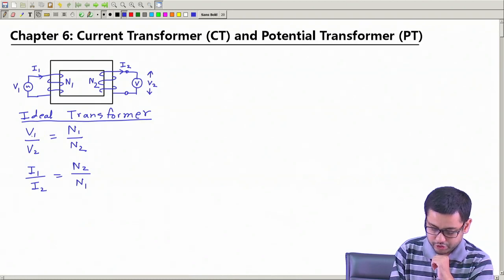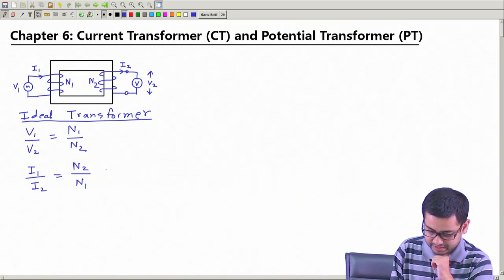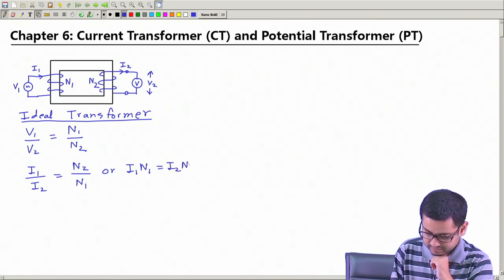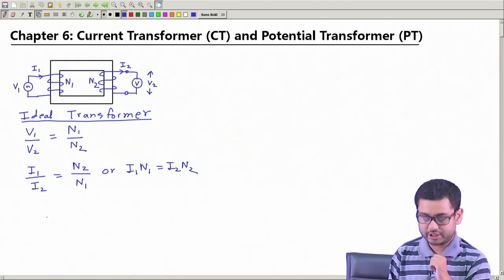Here we had V1 by V2 equal to N1 by N2. Here I1 by I2 is N2 by N1, opposite. This is what happens in an ideal transformer.